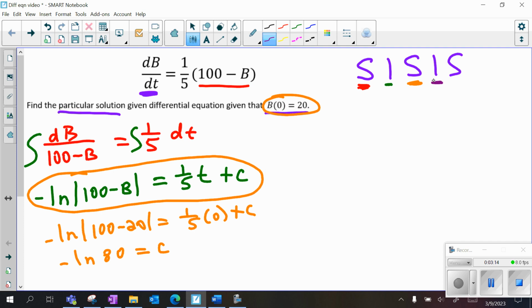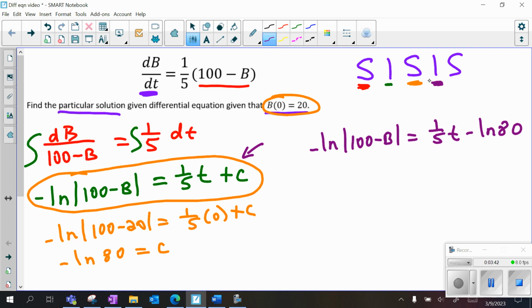Now we will go ahead and isolate, right? This I here stands for isolate. We'll go back to the equation we just circled when we first integrated, and we will replace the C with negative ln of 80. So negative ln 100 minus B equals 1/5 t minus ln of 80.